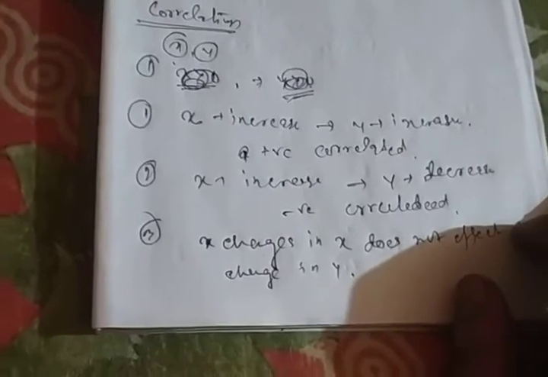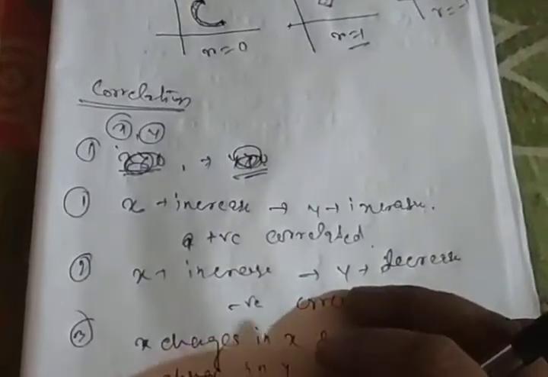Also, we can say the correlation is linear if the changes in x are referred to by a constant multiple in the changes in y, then it will be linear. If the change is not linear, then it will be non-linear.